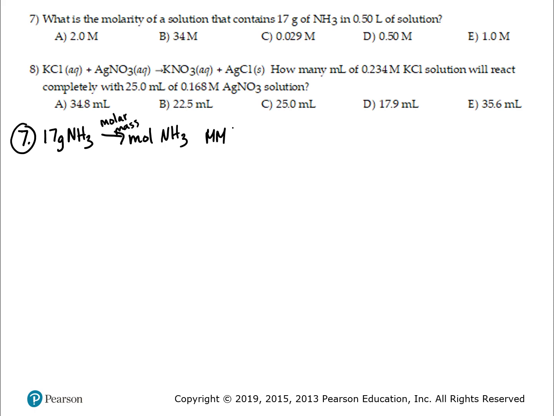I abbreviate molar mass MM. To calculate that, you need to know what nitrogen is, which is 14.01 grams. And then there are 3 hydrogens, and they're each 1.01 grams per mole.